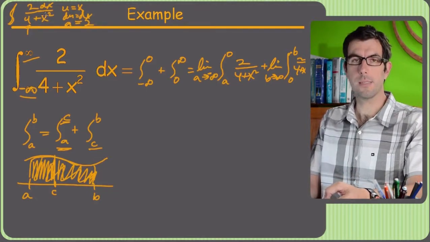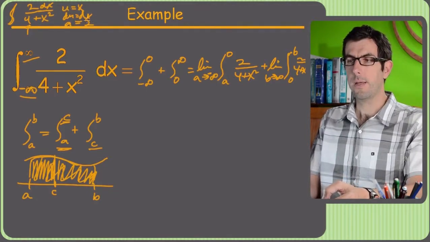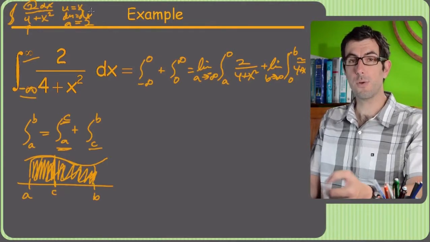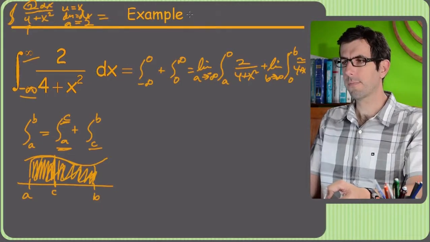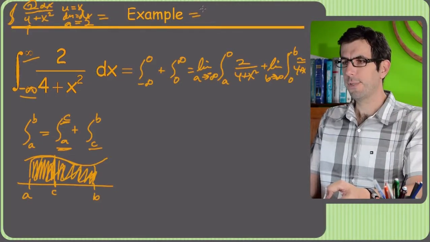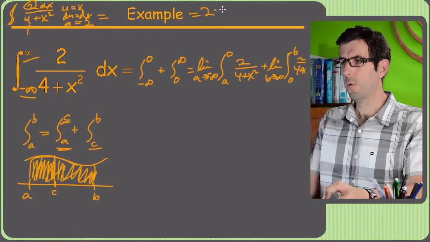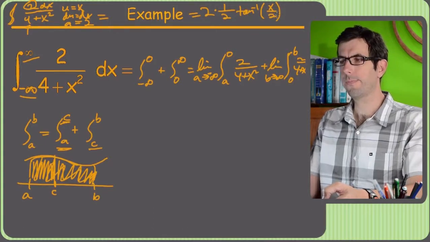It's the square root of that constant downstairs that's being added to x squared. So this 2 upstairs is actually extraneous. We don't need it. So the integral of this is just going to be 2 times 1 over a, so 1 over 2, times tan minus 1 of u, which is x, over 2.